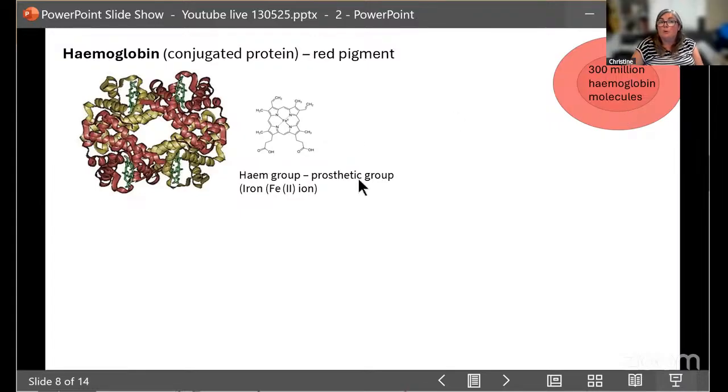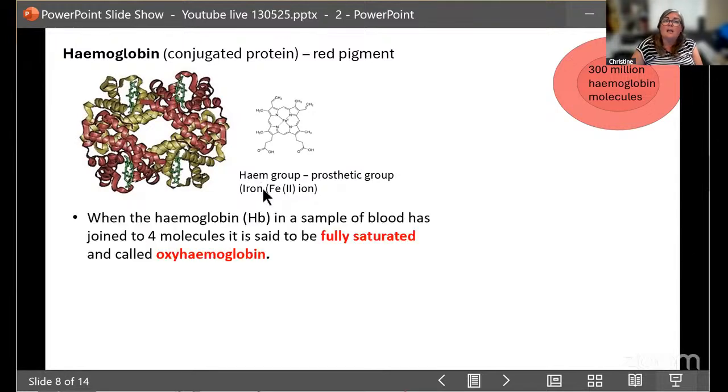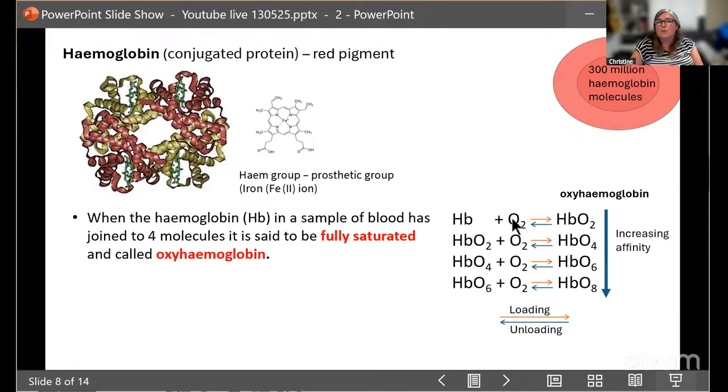The iron is part of the heme group, the prosthetic group, and that's the bit which the oxygen can bind to. If it is fully saturated, every one of these hemoglobin molecules has 4 molecules of oxygen attached to it and is called oxyhemoglobin. So as it gets to this point, you can load it and then you can unload it.